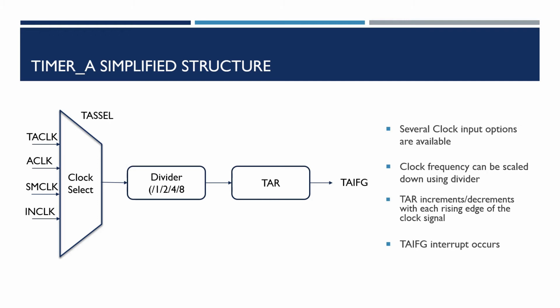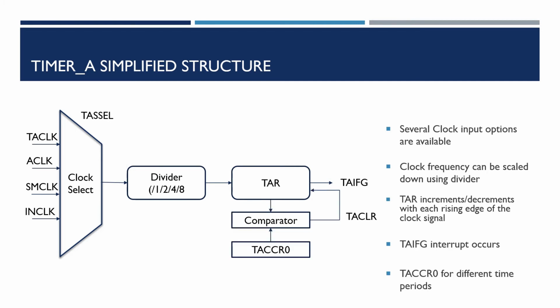And also we know that in terms of compare mode, we have got a compare register, which officially is called the TACCR0 register. The moment the count becomes equal to TACCR0, that is the TAR value becomes equal to TACCR0, you get an interrupt.